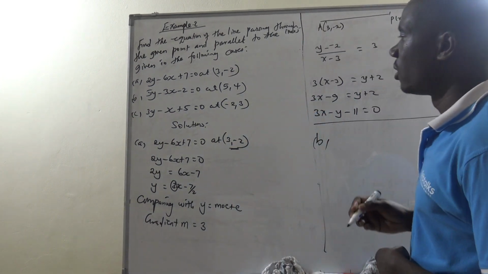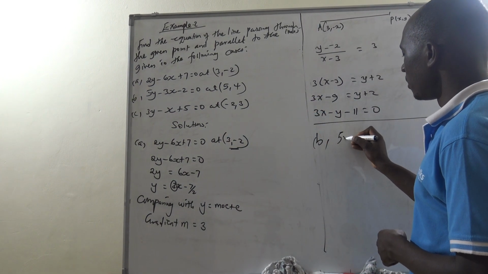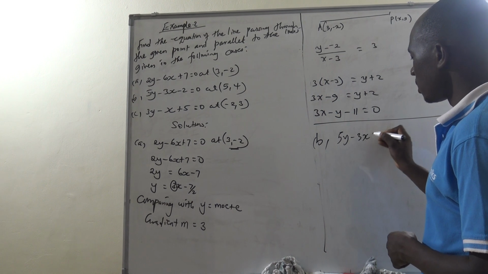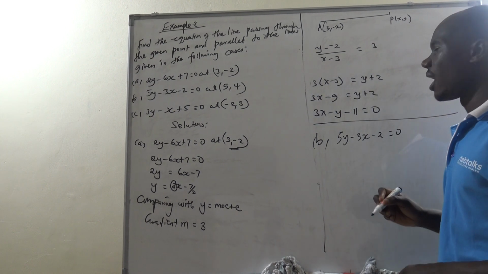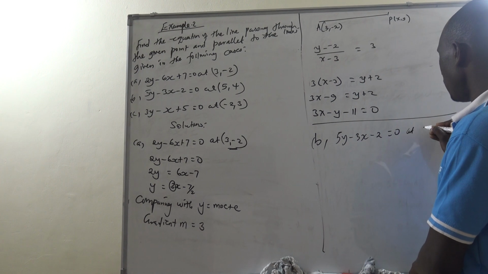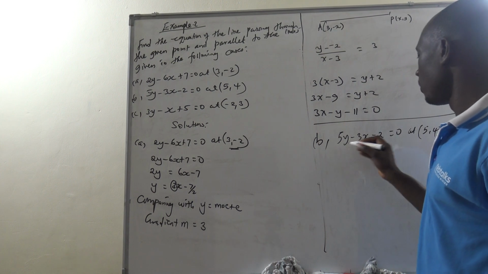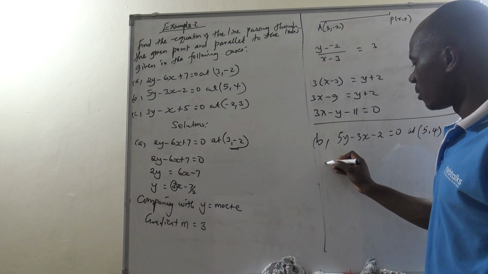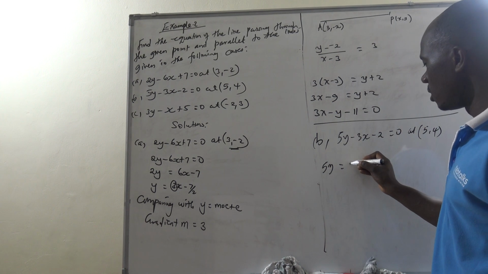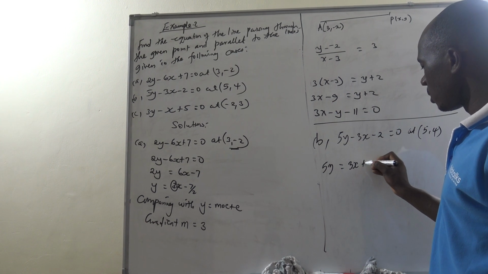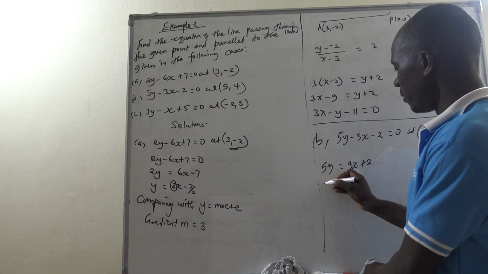Solution to part B, which goes that 5y minus 3x minus 2 equals 0 at 5, 4. Now, can we make y the subject of the formula? We are having the 5y, which is equal to, we take this one the other side, which is 3x plus 2 divided by 5.